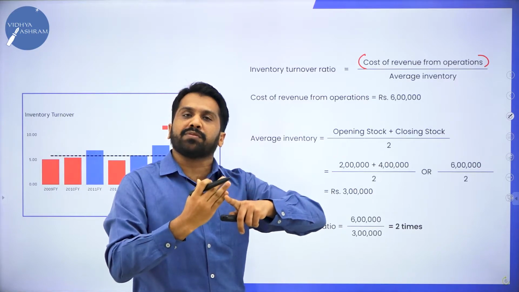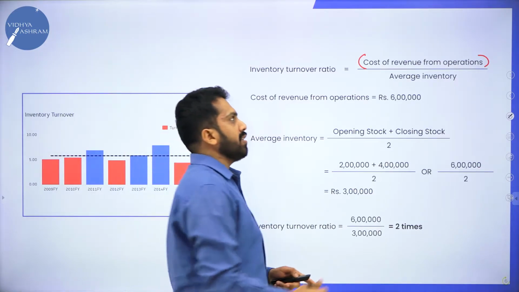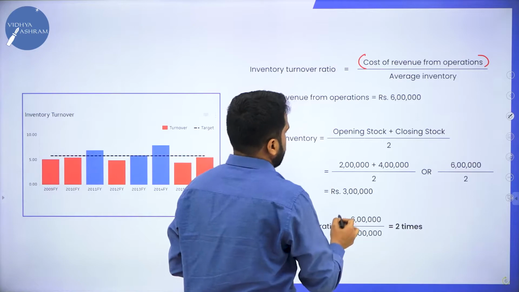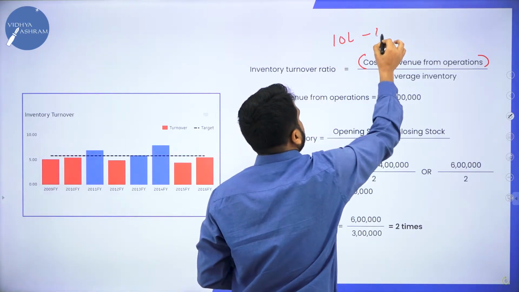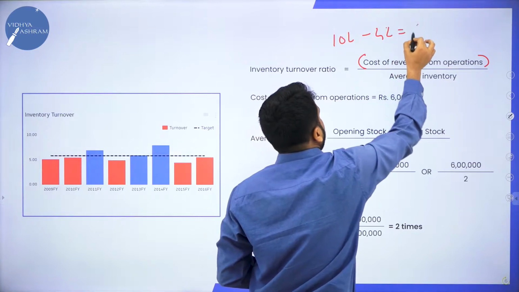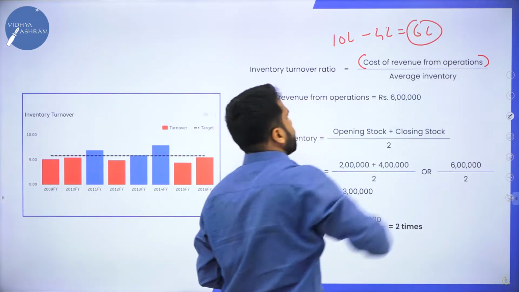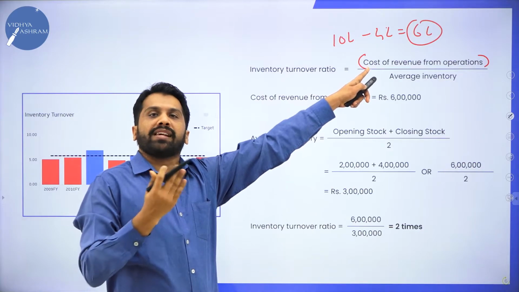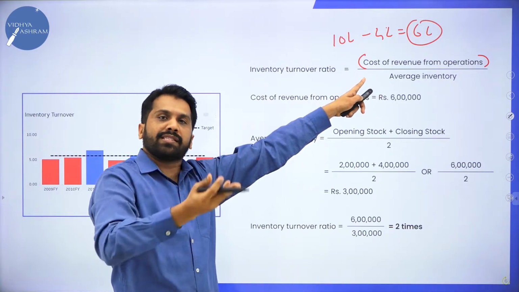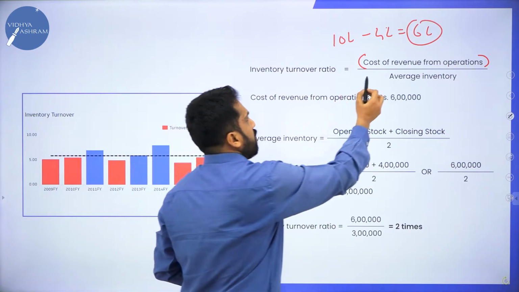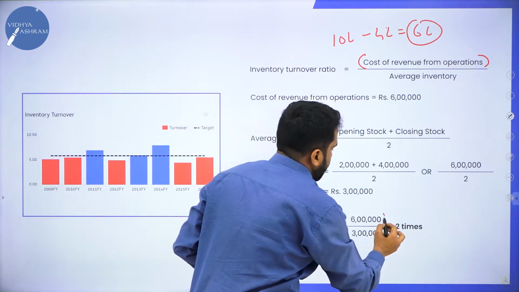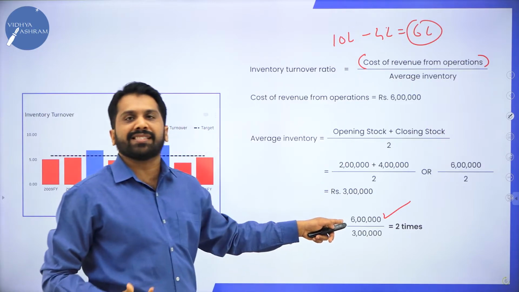Sales minus gross profit is your cost. Your sales is 10 lakh. Your gross profit is 4 lakh. Your cost is 6 lakh. Whatever 6 lakh we took for the previous formula, the same 6 lakh will come here also. So cost of revenue from operation is 6 lakh.